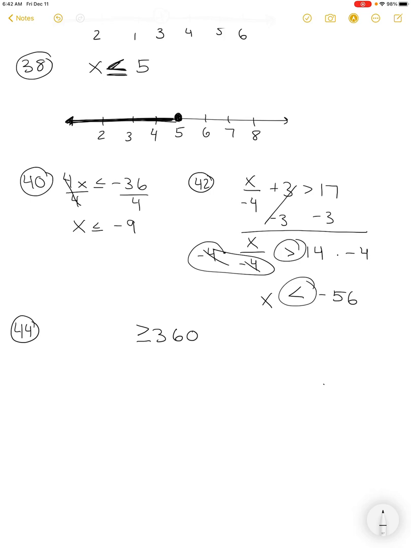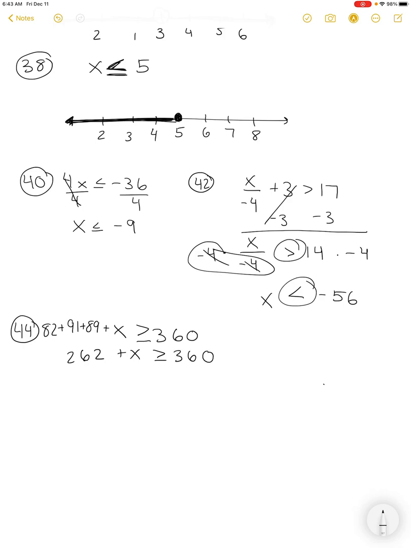Her first few scores are 82, 91, and 89. We want to know how many more she needs to make. So I'm going to add everything up, and then I can solve. So 82 plus 91 plus 89 gives me 262.